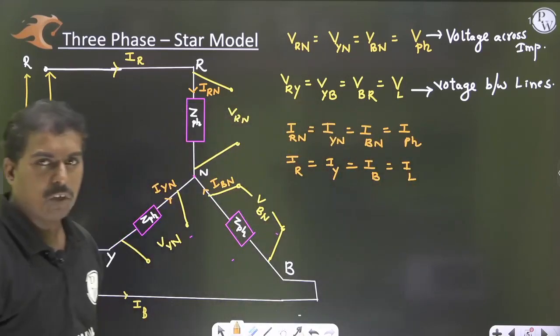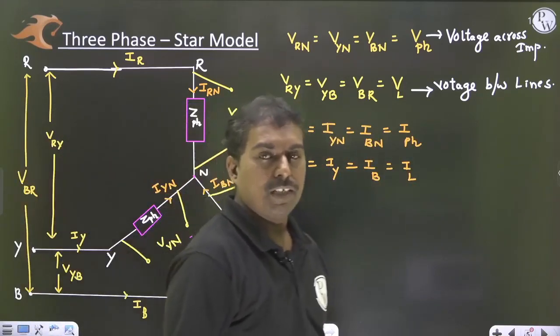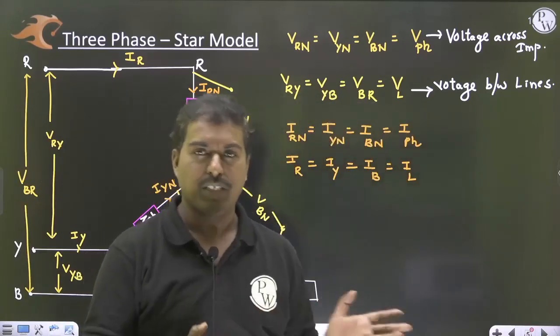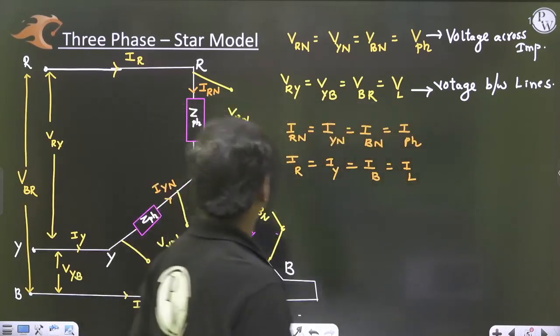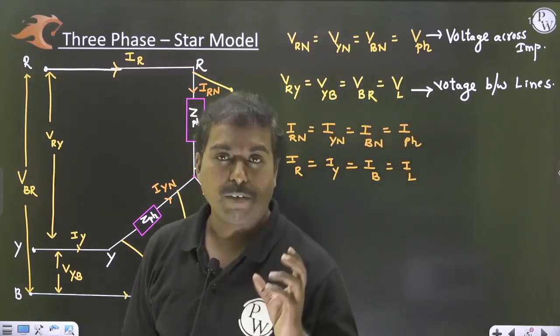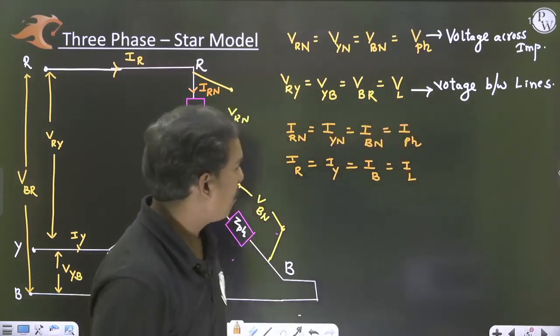In network theory, you could have studied the relation between the line voltage and the phase voltage, and between line current and phase current. Here we are not going into those derivations. We'll just see the characteristics and move to three-phase power measurement using the 2 wattmeter method. Our motto here is to measure the power.